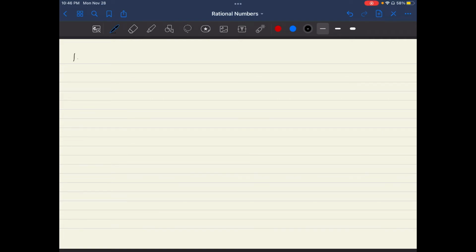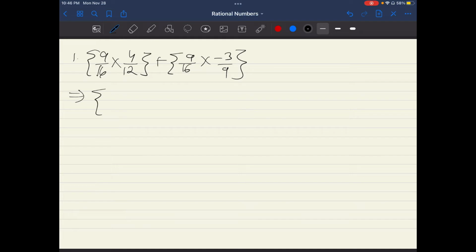The first one will be 9 over 16 times 4 over 12 plus 9 over 16 times minus 3 over 9. This can be written as 9 over 16 times (4 over 12 plus minus 3 over 9).